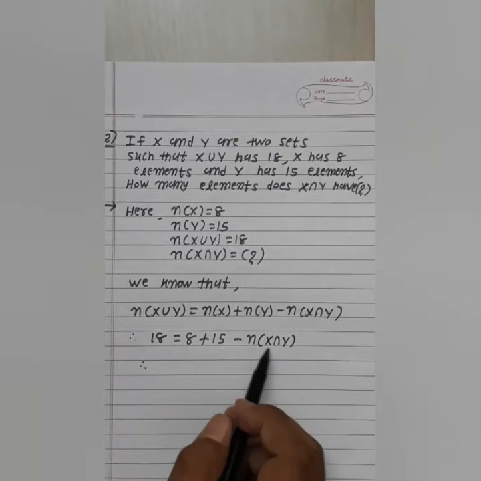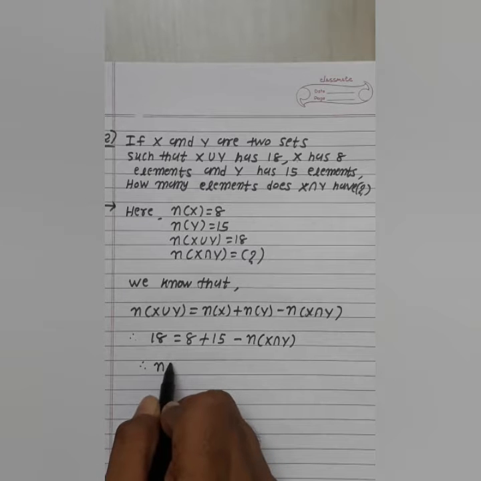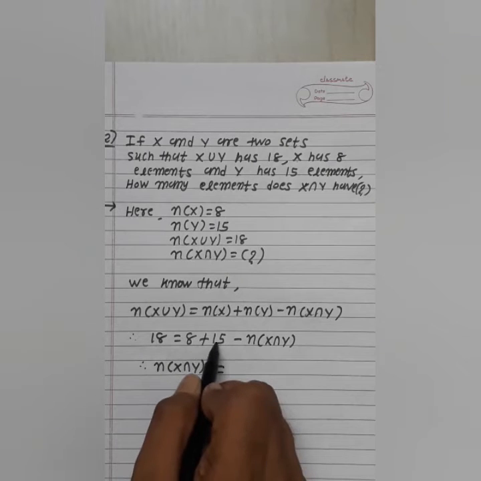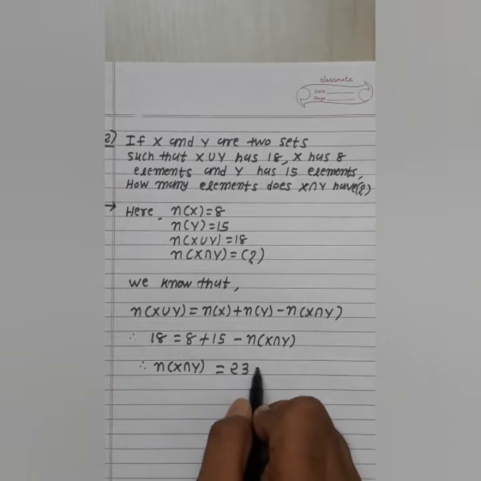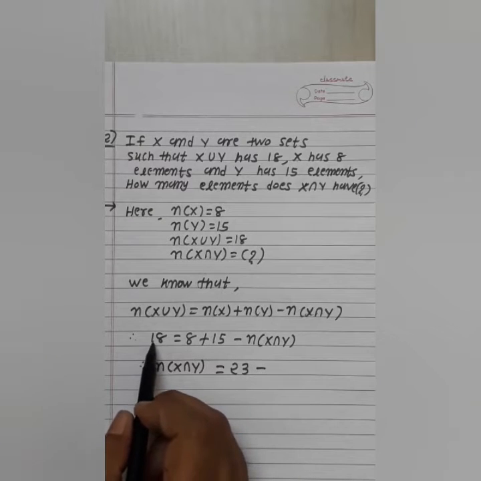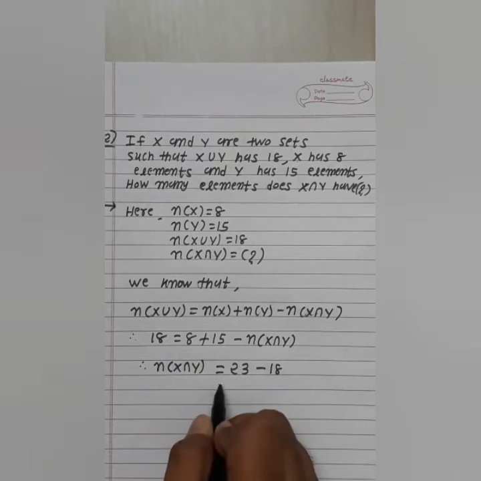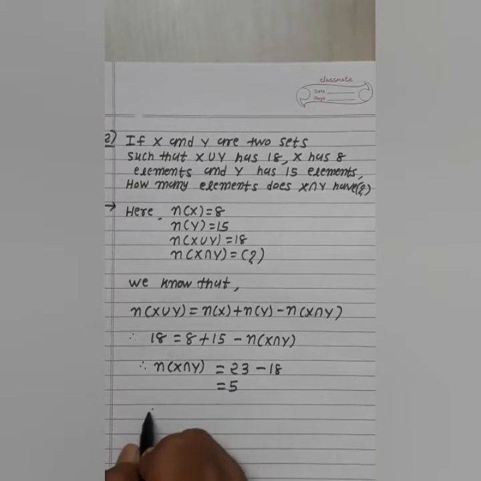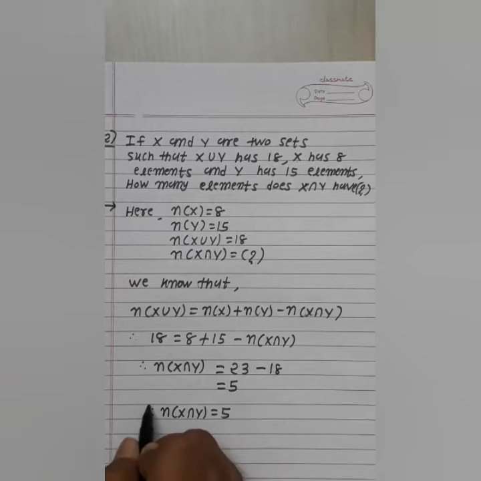Again the same method, this negative term written on the opposite side, so change the sign. So n of x intersection y is equal to 15 plus 8, that means 23, minus 18. 23 minus 18 means 5. So therefore n of x intersection y, we get 5.